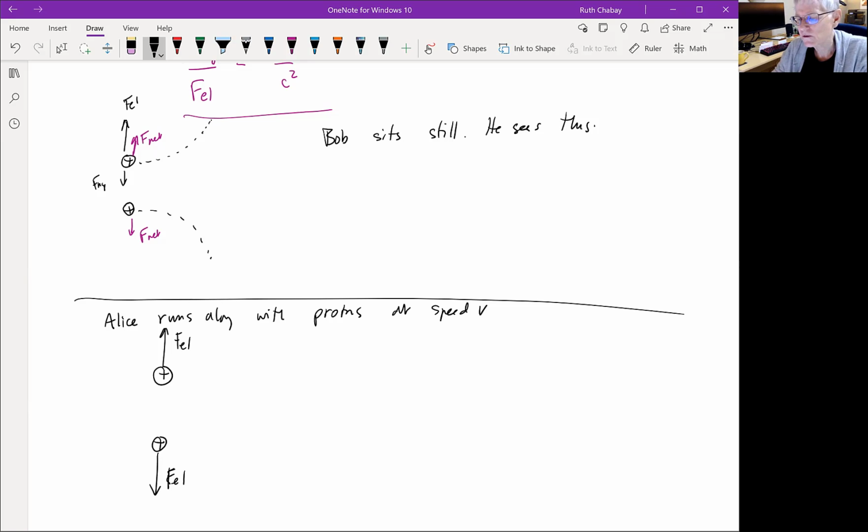But in Alice's reference frame, there are no magnetic fields, because the charges aren't moving relative to her. I mean, they're not moving horizontally relative to her. They're moving apart, but the magnetic fields at the location of the other charge are actually zero. There are no magnetic fields. So she sees a bigger force.